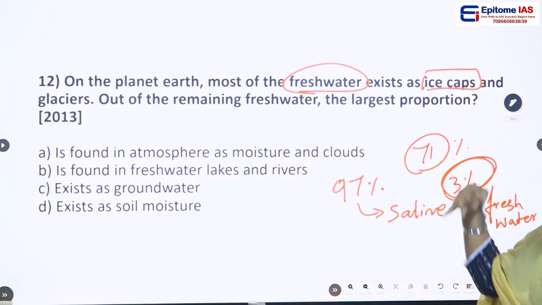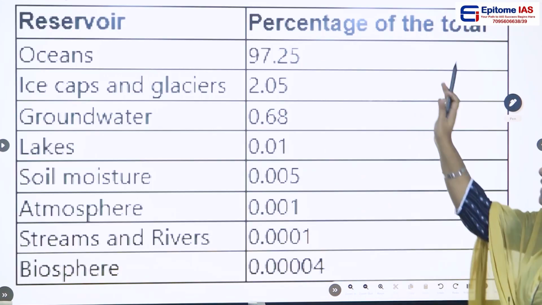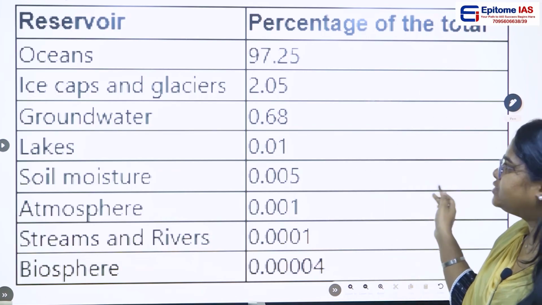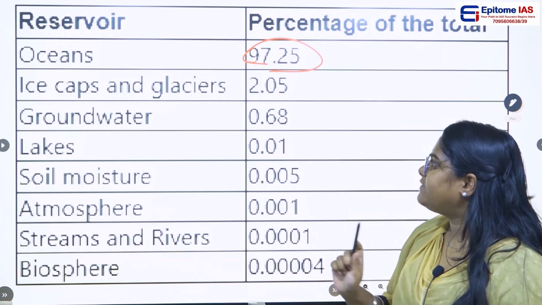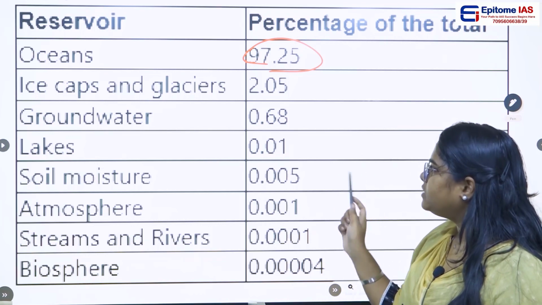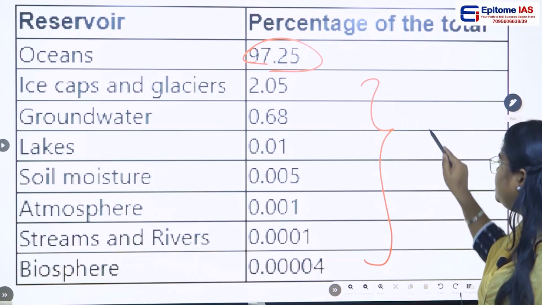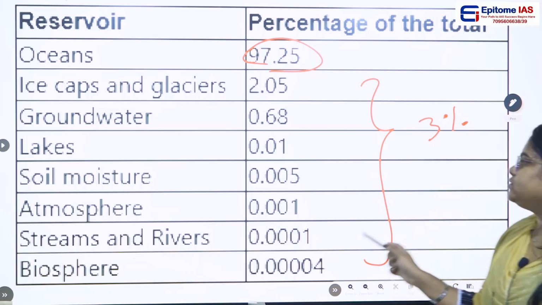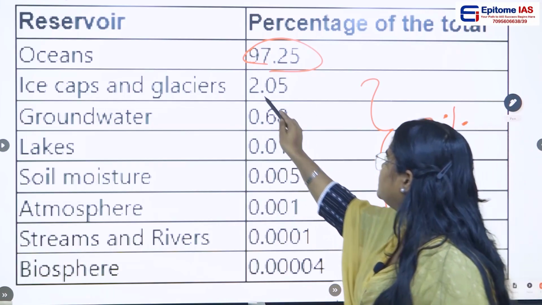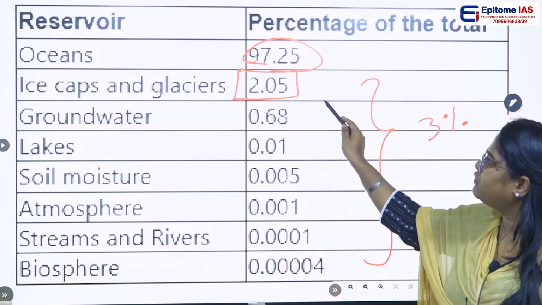So what is the second largest component of this fresh water? If you see here, they have clearly given the percentage. Obviously, we know that the oceans contain about 97% of the water, that is the saline water. But apart from that, the other 3% of the water is fresh water. So the ice caps and the glaciers contain around 2.05% of water.